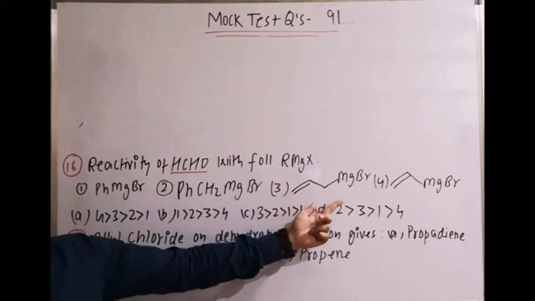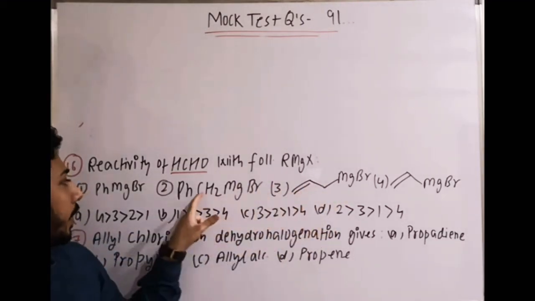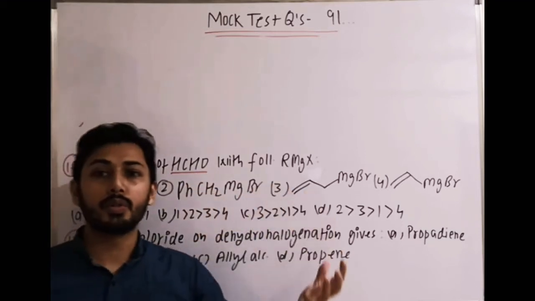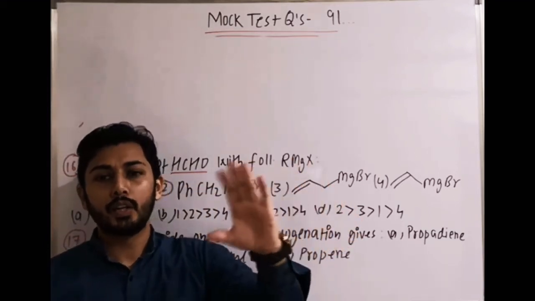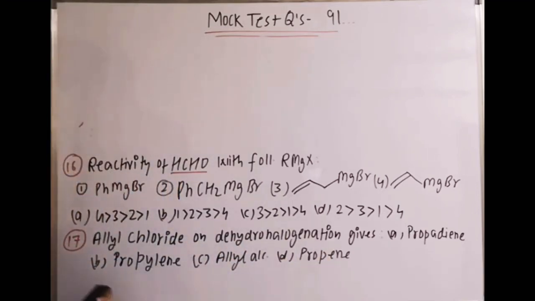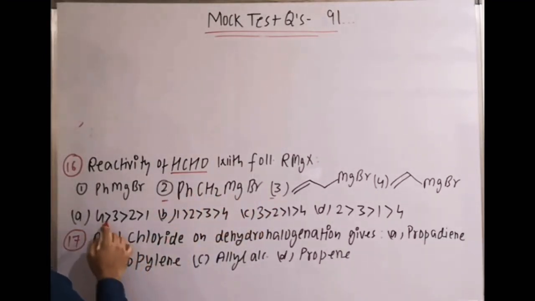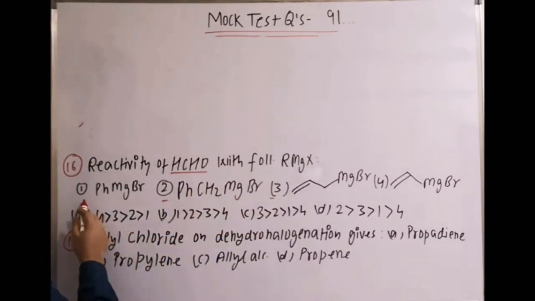Benzyl should be faster as compared to allyl, because still here the C-Mg bond in this case, benzyl is a little bit more stabilized due to some kind of overlap of resonance in the partial negative charge. So second and third, second should be better. So again among these options we can keep first and fourth at the end. That means A and B options are gone.